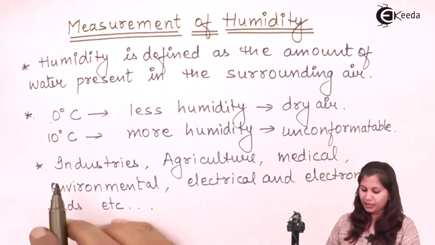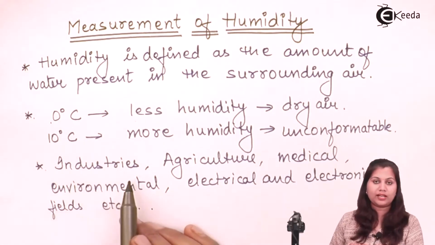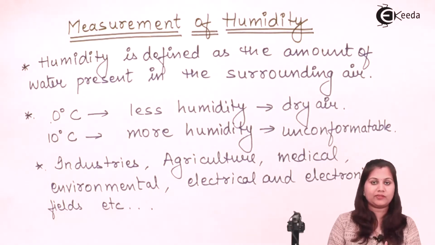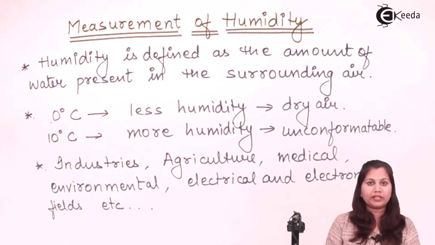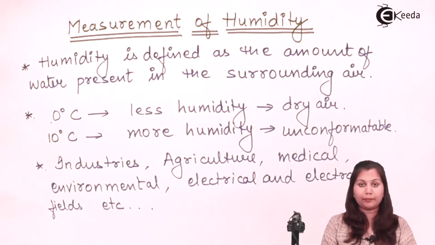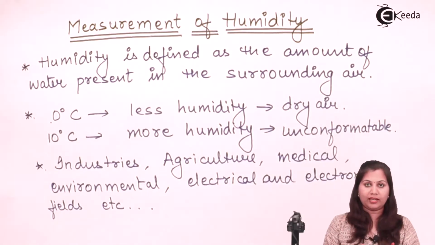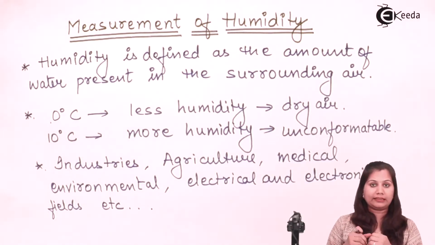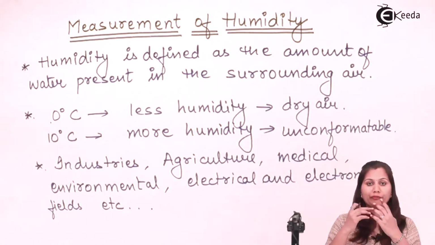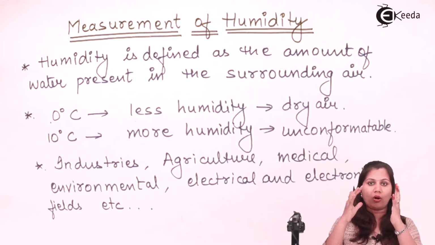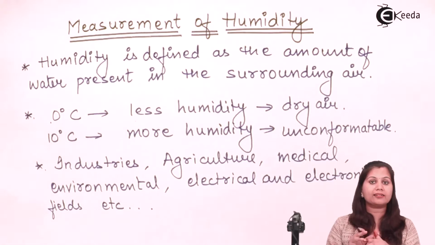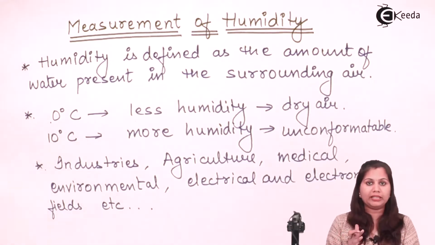In industries we have different processes going on, and if the moisture content in the surrounding air is more, then the oxygen content will be less and the chances of fire will be less.